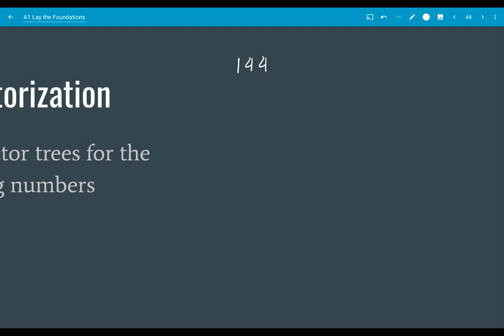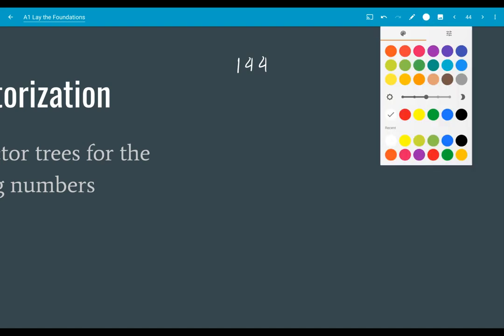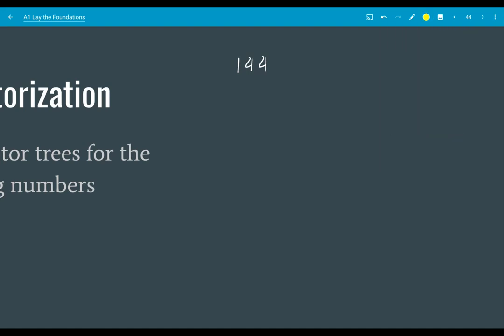Okay, so 144, there are 2 ways to do it. You can start dividing by 2 if you want, or you can recognize that 144 is 12 squared. I'm going to go ahead and do it as 2. So I know it's 2, and then half of 144 is 72.